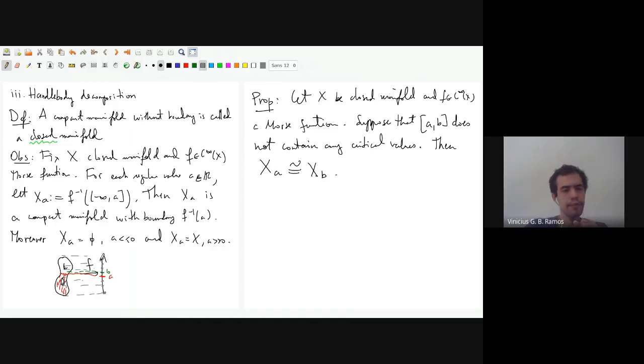But if I take an interval that contains no critical values, the claim is that this X_a is diffeomorphic to X_b. Let me emphasize, this is a diffeomorphism. Okay, so let's prove this. Any questions about the statement or what I've said so far?